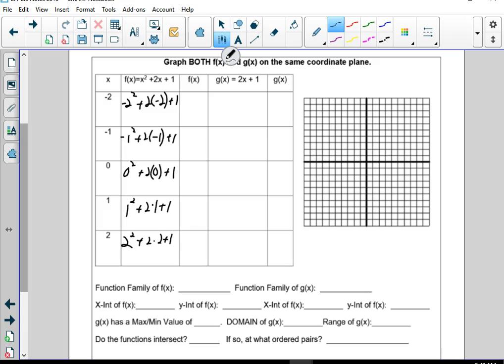Now remember, when we square -2, we're going to get what? What's -2 times -2? 4. 4, right? Not -4. Okay? And then we're going to do 4 minus 4.